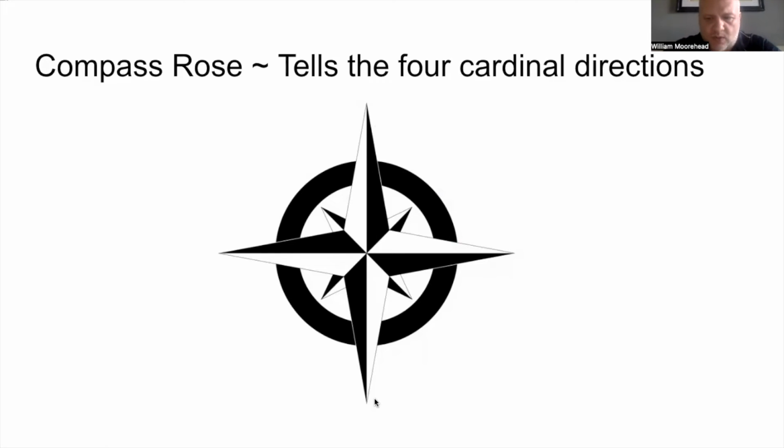So I had a kid ask a question, and I thought it was one of the best questions that I've had asked. He said, "Mr. Moorhead, if people always know that the north is at the top, south is at the bottom of a map, east is at the right, left is the west, why do we put this thing on there?" And I said, what a beautiful question. There are a lot of maps where north is not at the top.